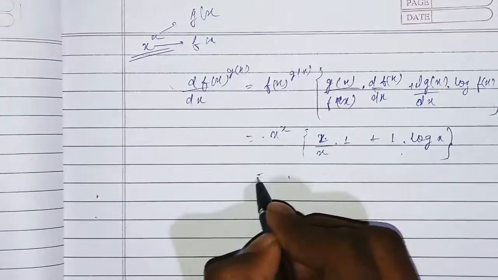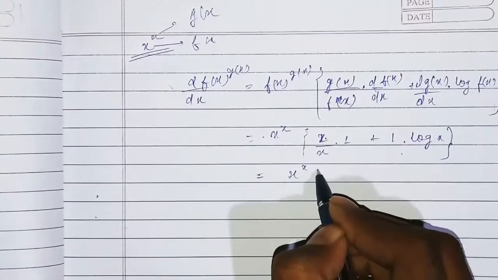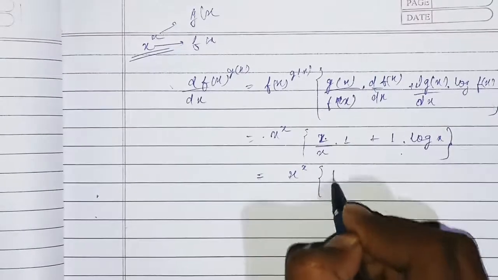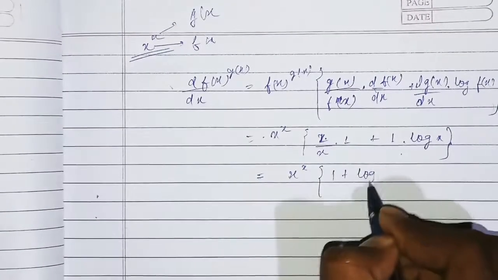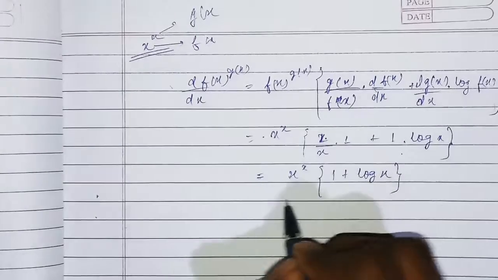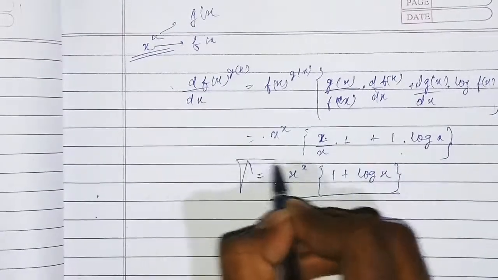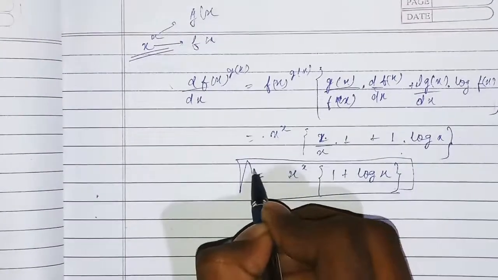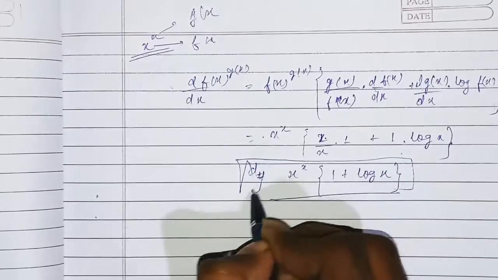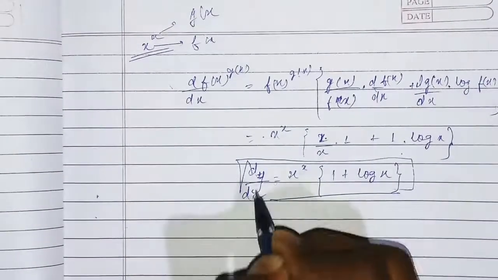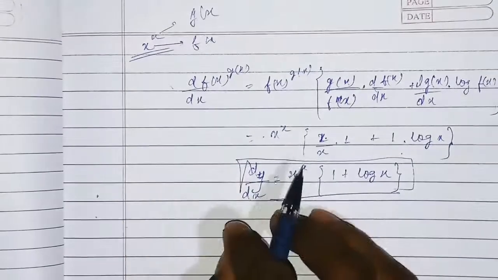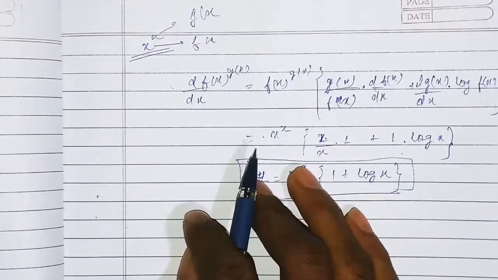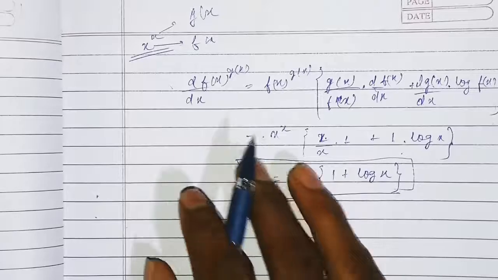Now the result will be x to the power x into 1 plus log x, and this is what we require. You can get the same values by using the method number 1 and 2.